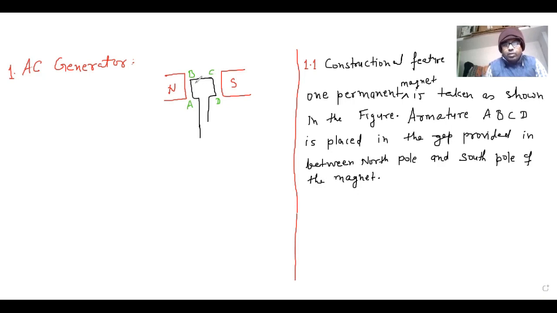This is the armature ABCD, and that is placed in the gap provided in between the North Pole and South Pole of the magnet.